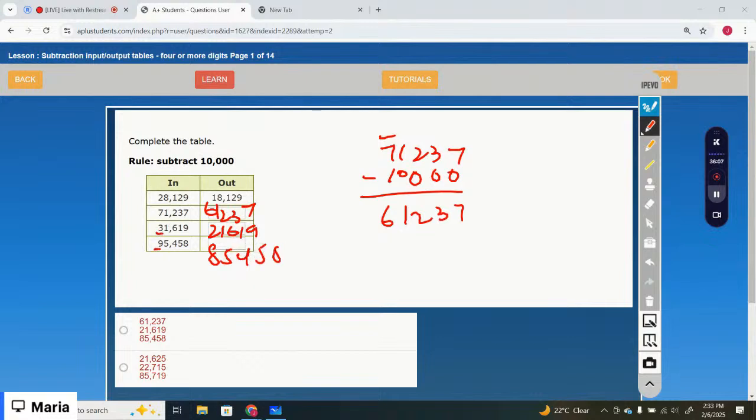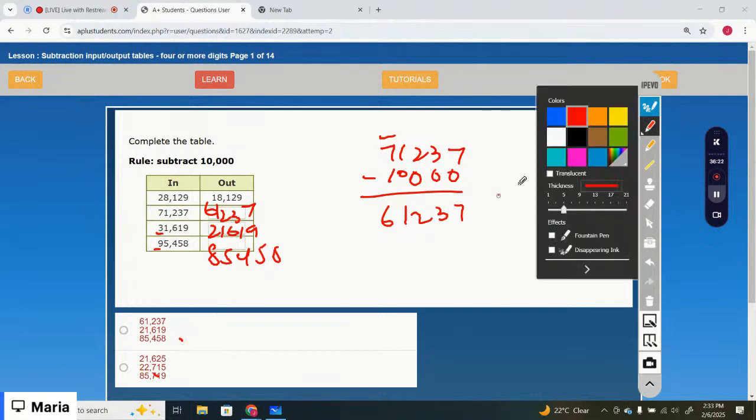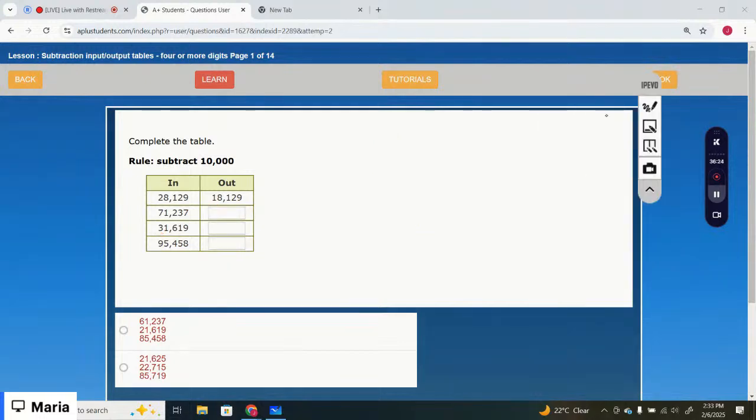Only the 10,000 period is subtracted, right? So the correct option is option number one. Option number one is the correct option.